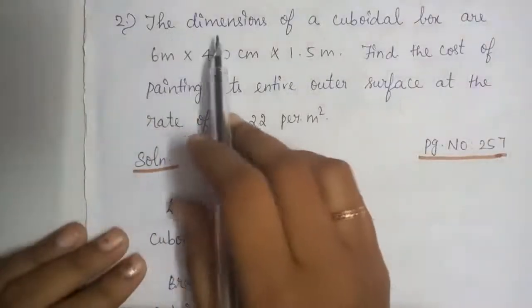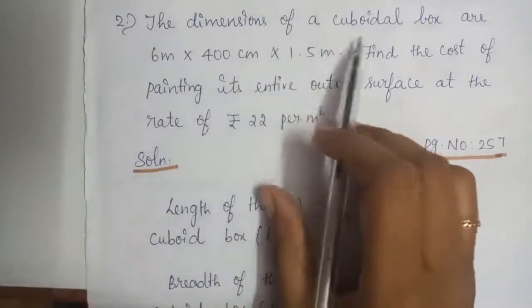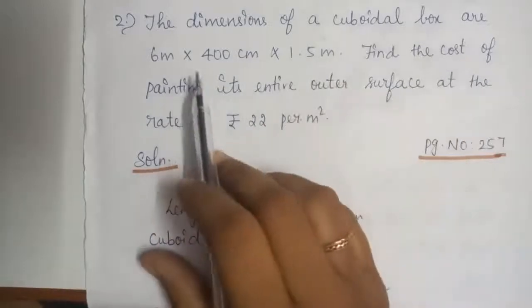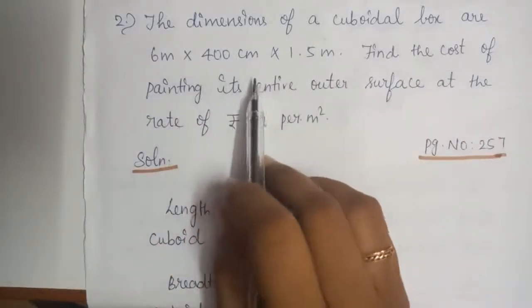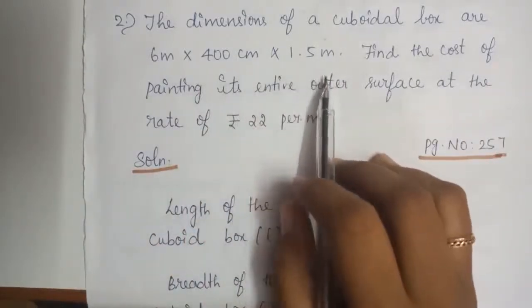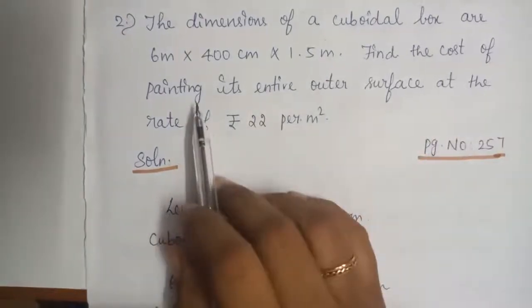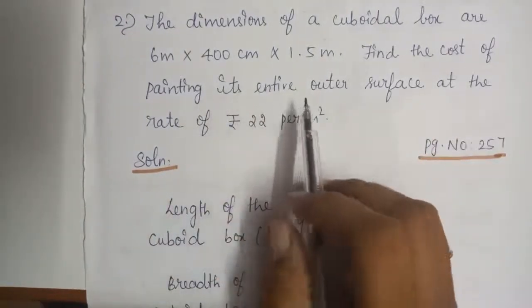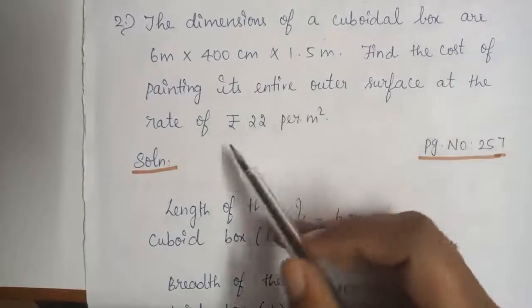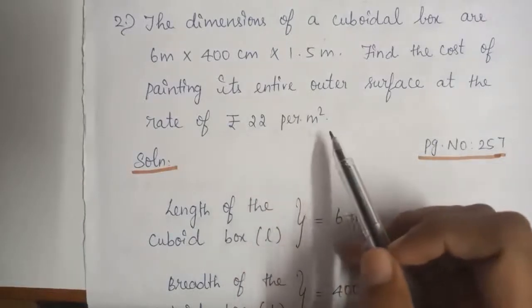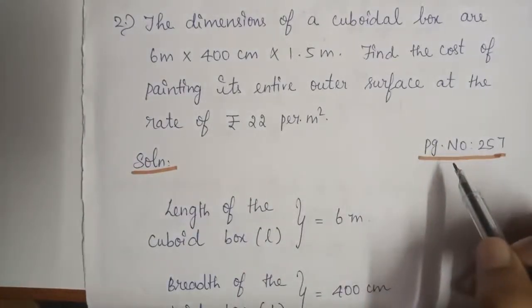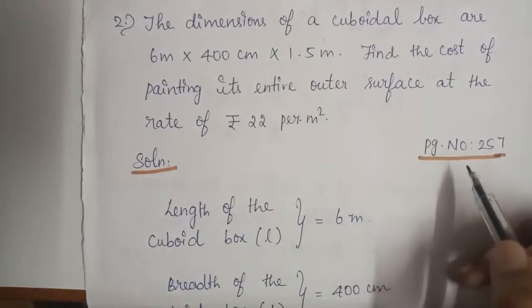Next, problem number 2. The dimensions of a cuboidal box are 6 meter into 400 centimeter into 1.5 meter. Find the total cost of painting its entire outer surface at the rate of rupees 22 per meter square. The problem belongs to page number 257.